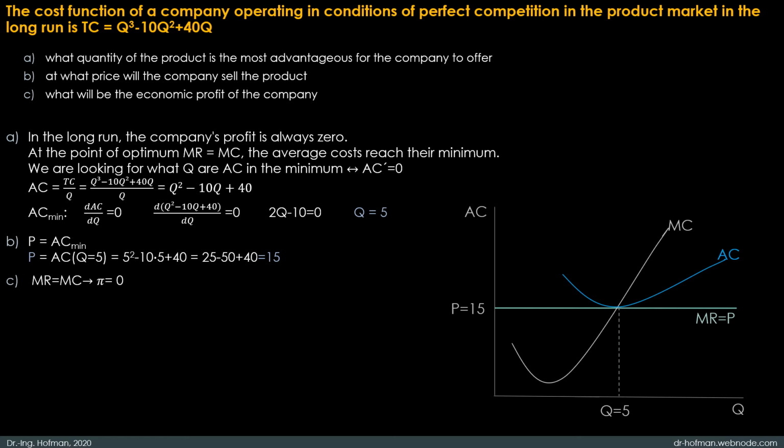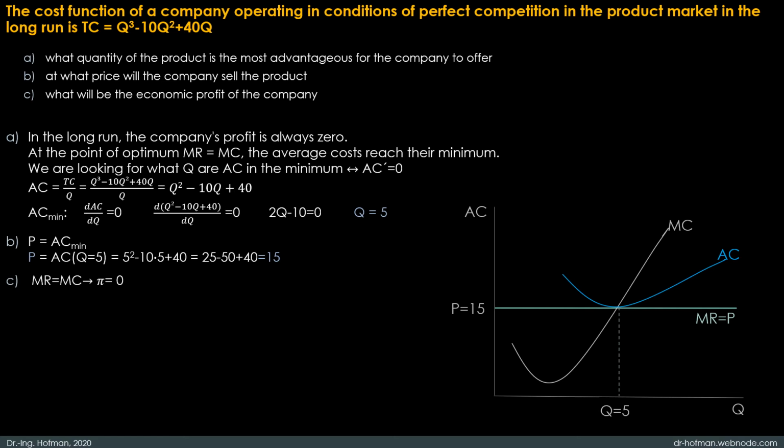So I can say that the derivative of average cost according to Q should be 0. We are looking for what Q the AC is at the minimum. AC is given as total cost over Q, over the quantity of the product.